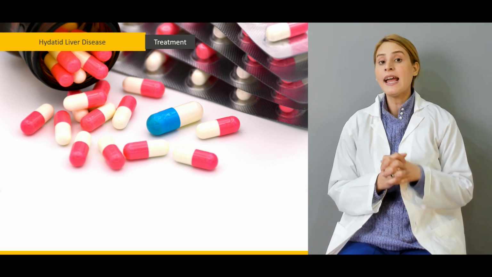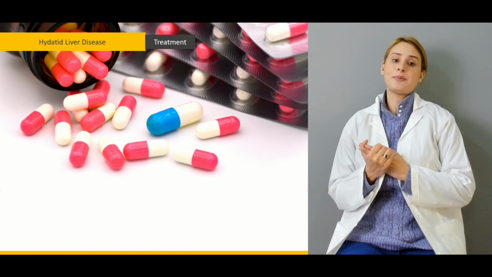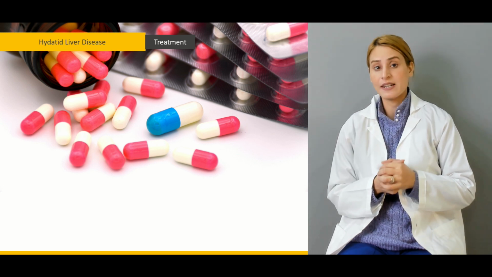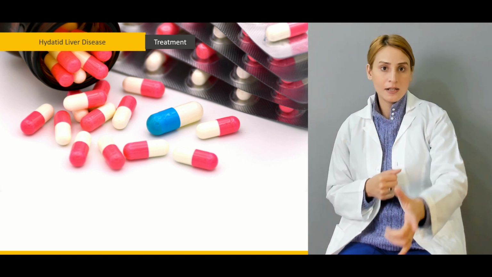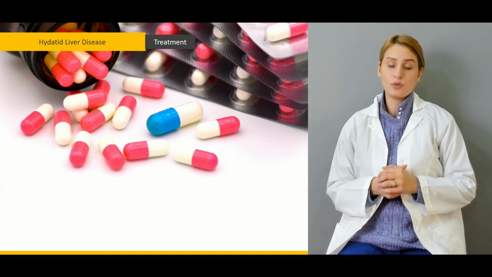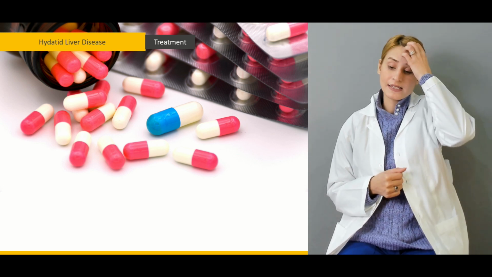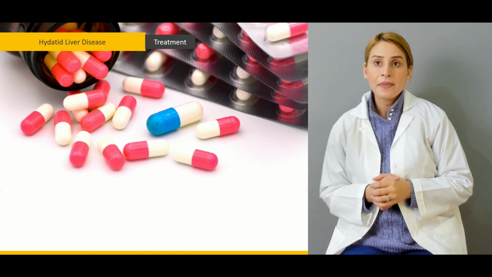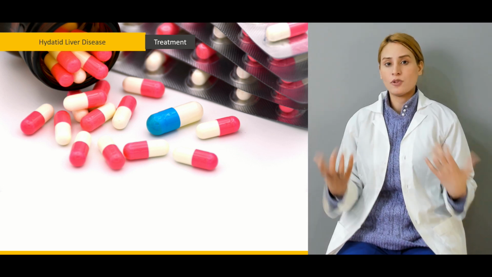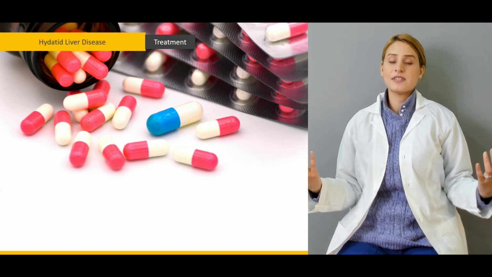So that's important. If you are treating such patients, give a broad spectrum antibiotic. This is important. Give anaerobic cover, give albendazole or mebendazole, because it's a parasite, right? So give the albendazole or mebendazole, start immediately as soon as possible.